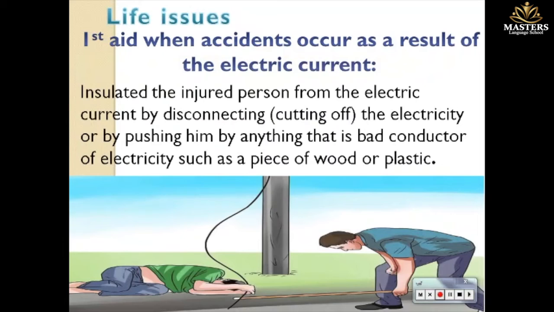So when you see an injured person, you have to cut off the electricity. But if you can't disconnect the electricity, push him with anything that is a bad conductor of electricity, such as a piece of wood or plastic.